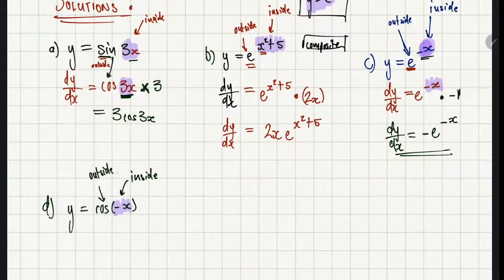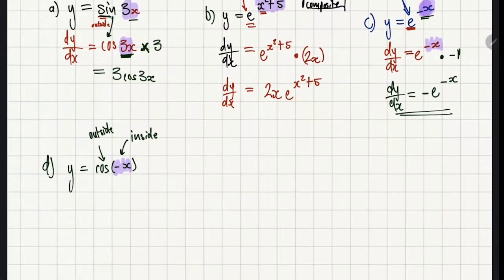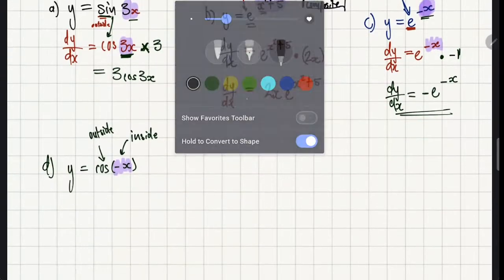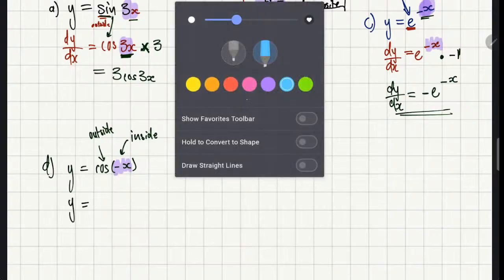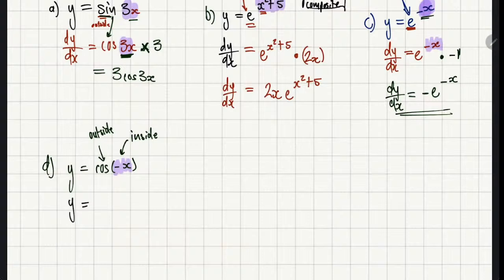So when I'm differentiating, I use the chain rule, which says differentiate the outside first. So go to your table. You must know how to use your table in chain rule. When you're differentiating the outside, you go to your table and see how to differentiate this cos.